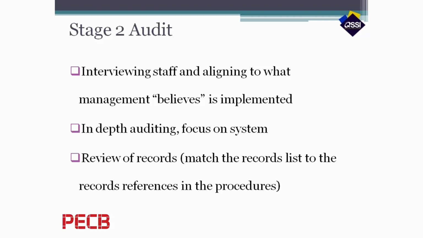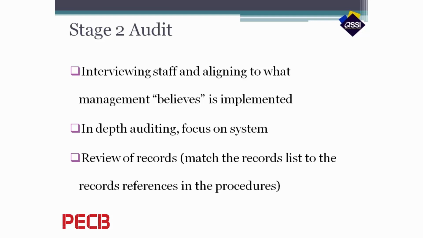And one tip I can say is that when you look at your procedure, there's always a reference to the records that would be generated as a result of this particular procedure.